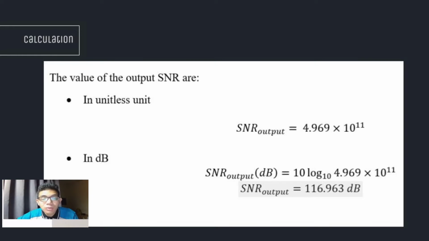So the output, as you can see, is 4.969 times 10 to the power of 11, which has no unit. So for dB, we find the SNR output by 10 times log 10 of 4.969 times 10 to the power of 11. So we get an SNR output of 116.963 dB.